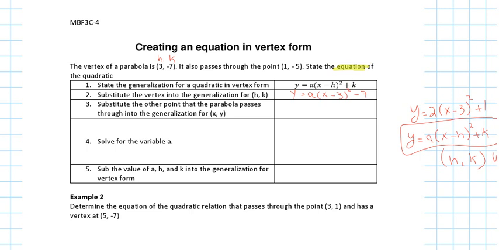Do you see what happened? H was replaced with 3 and K was replaced with negative 7.